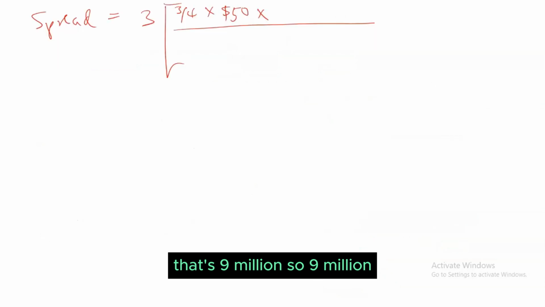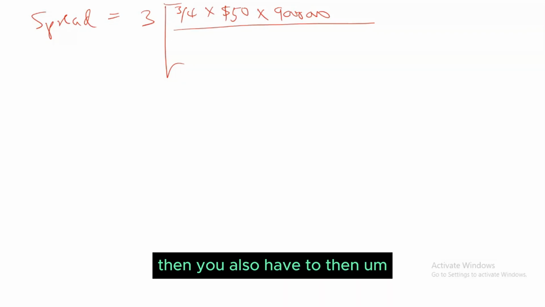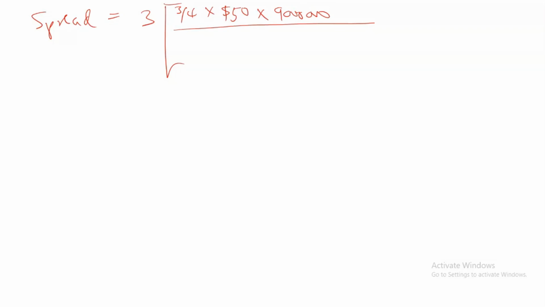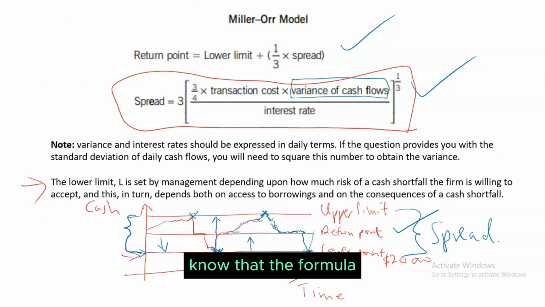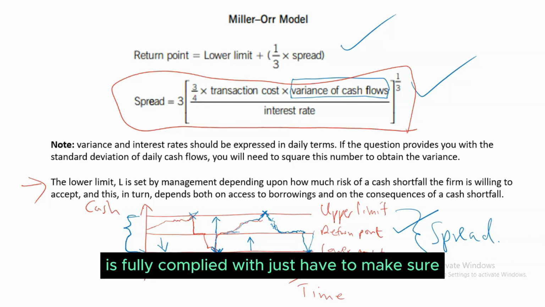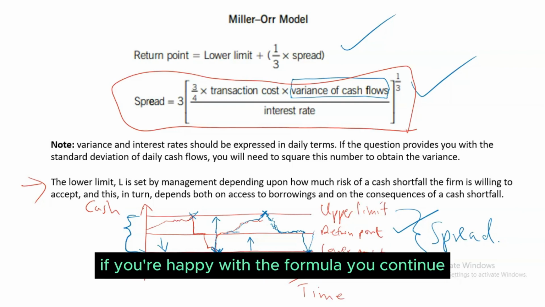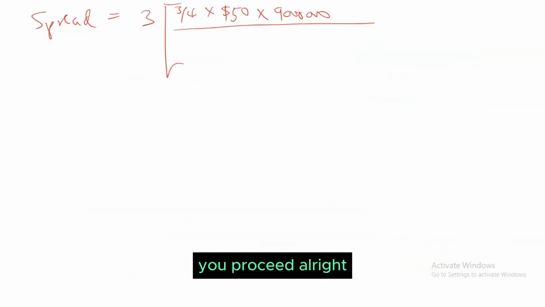So 9 million. Then you have to make sure that the formula is fully complied with. If you're happy with the formula, you proceed.